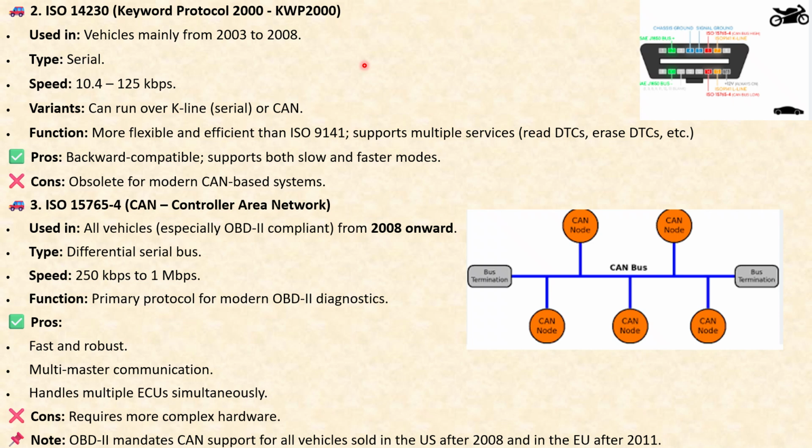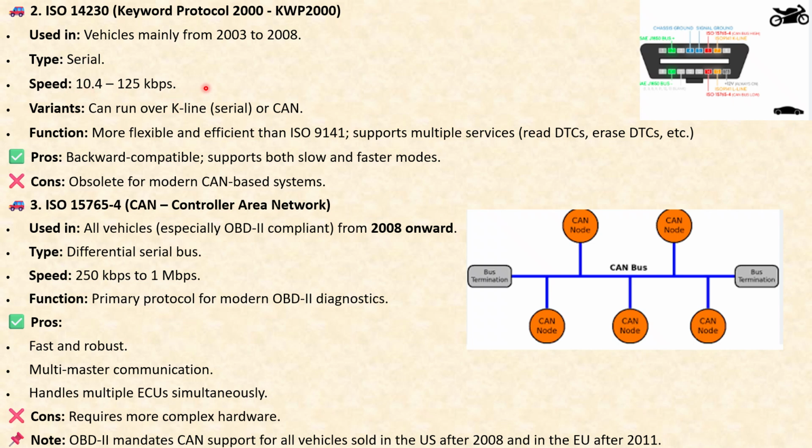Next, the evolved protocol is ISO 14230, Keyword Protocol 2000, or KWP 2000. KWP is an acronym for Keyword Protocol, and it is used in vehicles mainly from 2003 to 2008. Again, this is also serial type, and speed is 10.4 to 125 kbps.